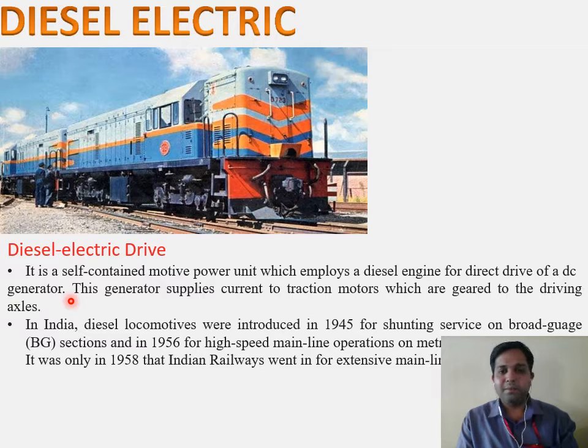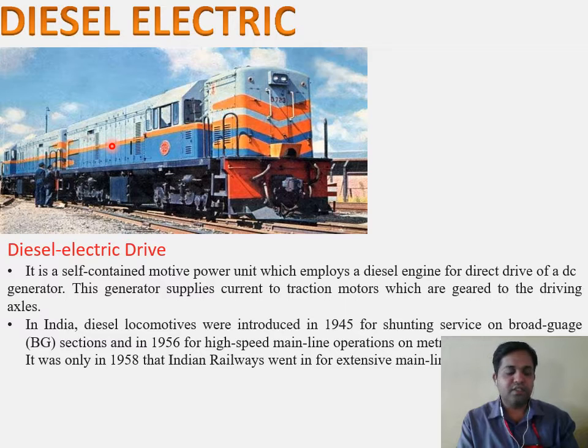Okay, so what will happen in this kind of diesel electric train? The diesel engine will be located inside the main engine chamber, where the diesel engine will be coupled to the generator set. Once the diesel engine starts, it will rotate the generator.